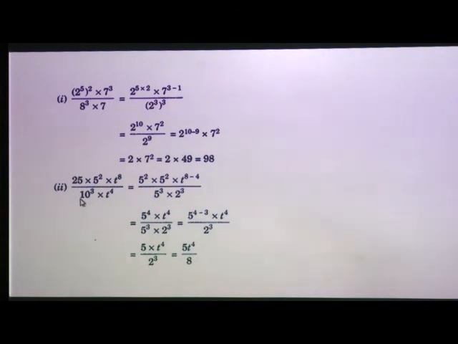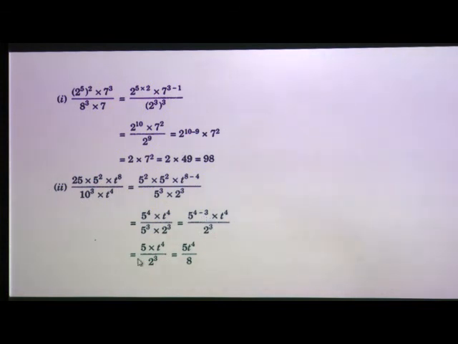Here we know how to write 10 cubed. It is nothing but 5 into 2, that is 5 multiplied by 2 is 10, and the common power is 3. So, we just write it in expanded format as 5 cubed and 2 cubed. Now, you will find that the bases are the same, so in the numerator we will add and in the denominator we will subtract.